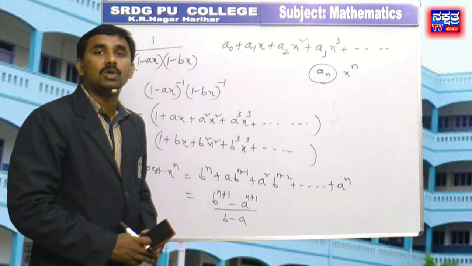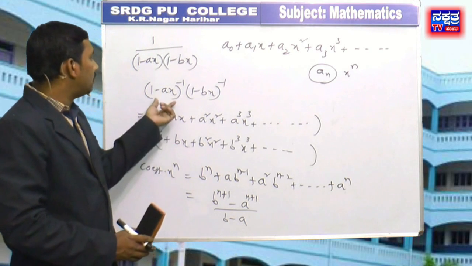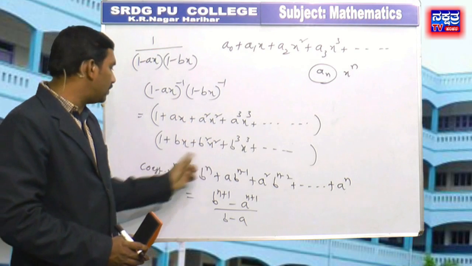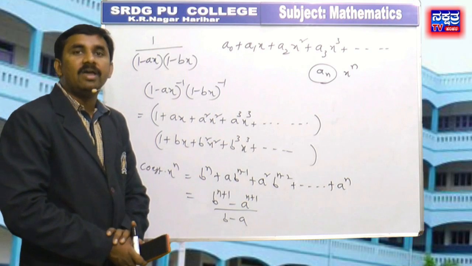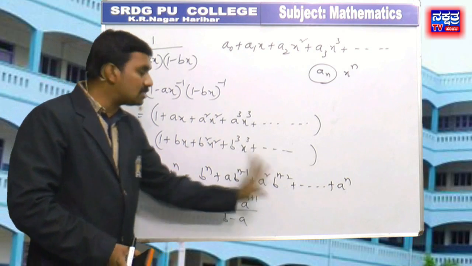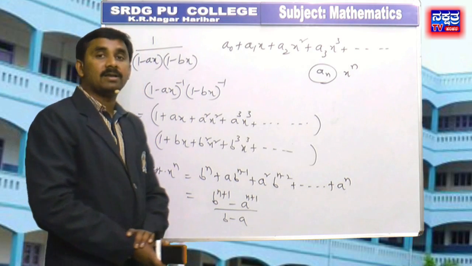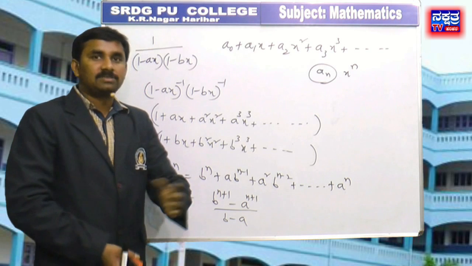Like that also you can verify. So these two are the expansions with negative index. After that we are collecting only the coefficient of x power n. You can write this one as (b power n plus 1 minus a power n plus 1) by (b minus a). What's the next question?